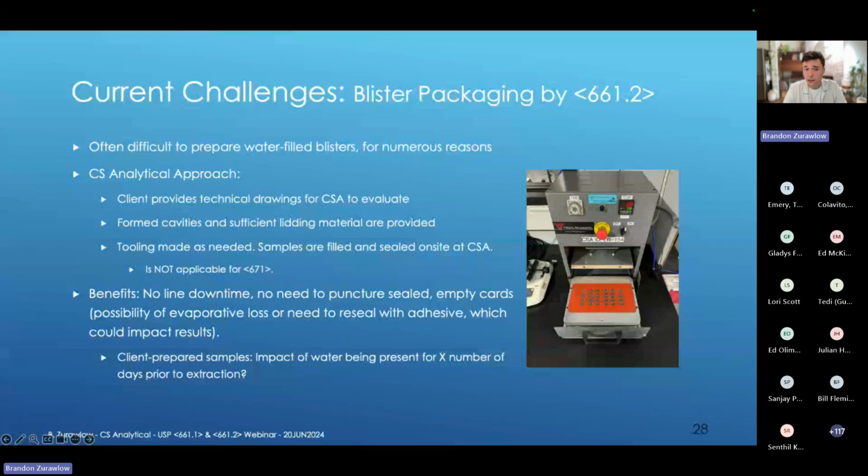And realistically, nobody wants to fill water into their blisters. So that's the first issue.